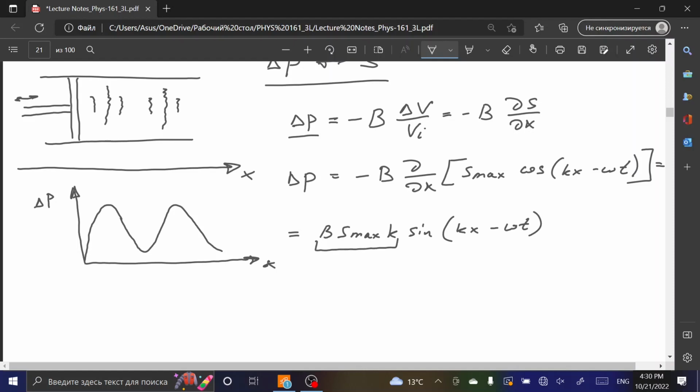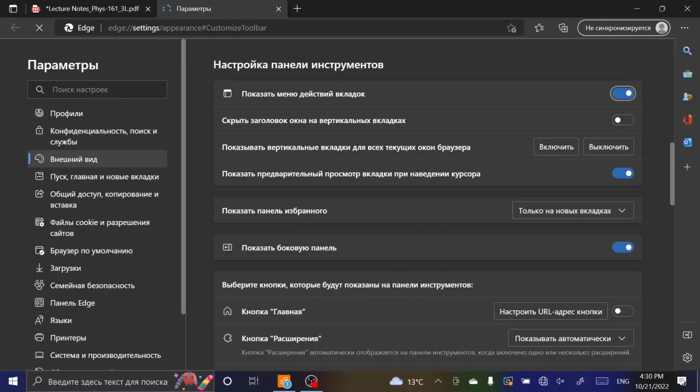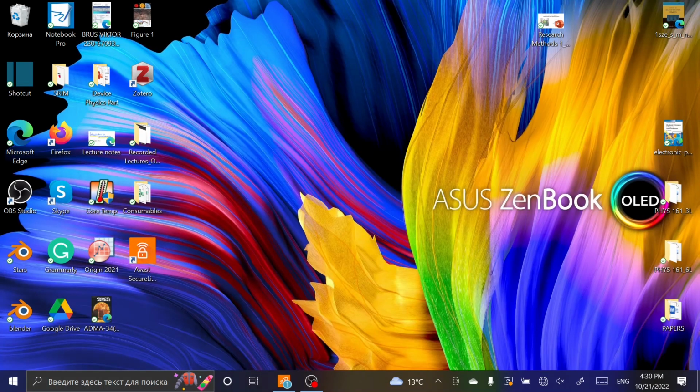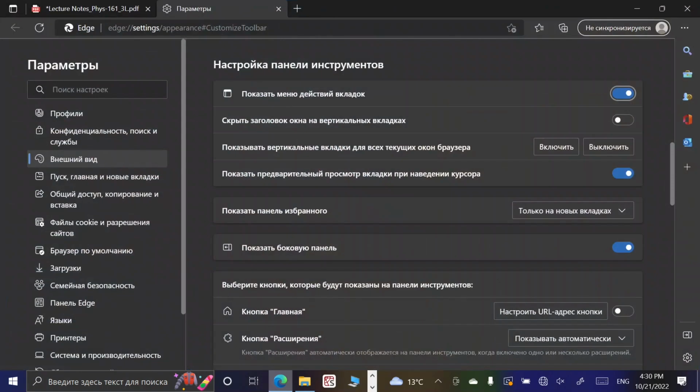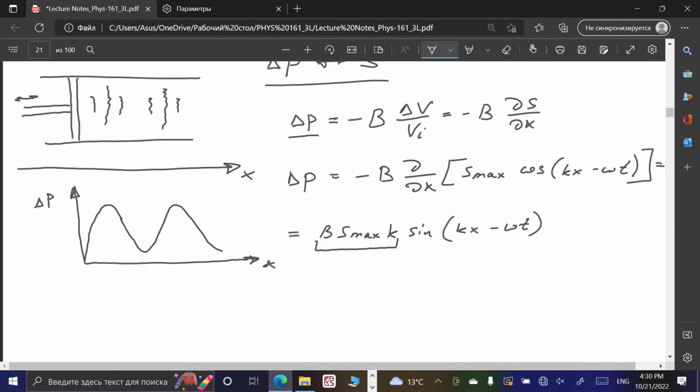These three coefficients in front of the periodic function will give us delta P maximum times sine of (kx minus omega t).